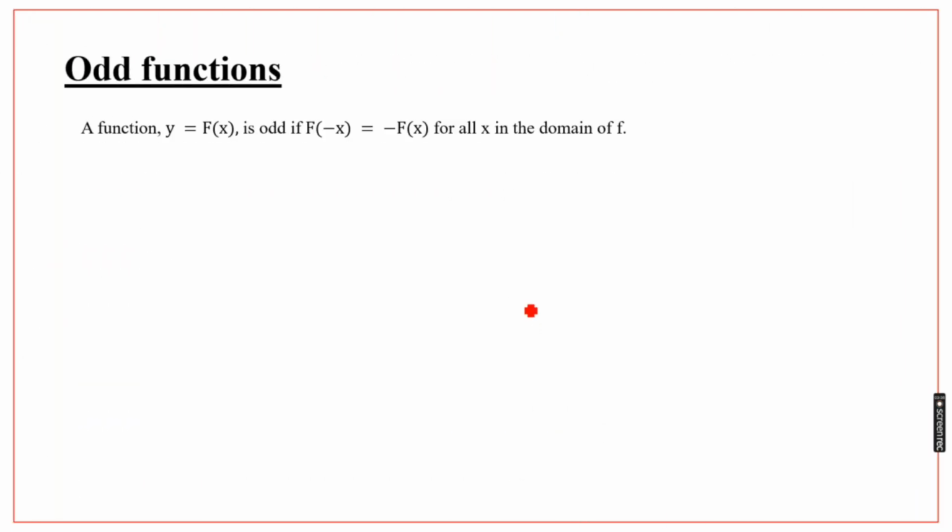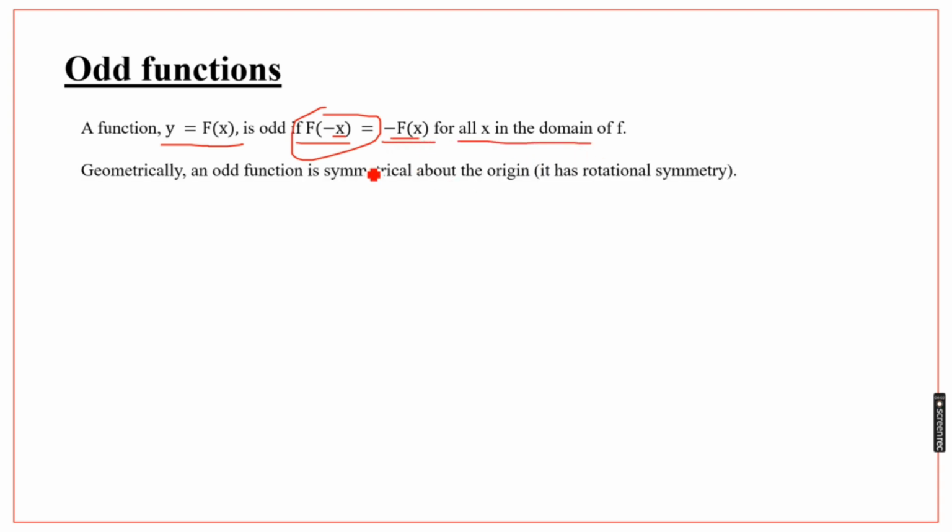So the second one is odd functions. Odd function means a function y equals f of x is odd if f of negative x is negative f of x, which means that for the even function, f of negative x is f of x, but for this odd function, f of negative x is negative f of x for all x in the domain of f.